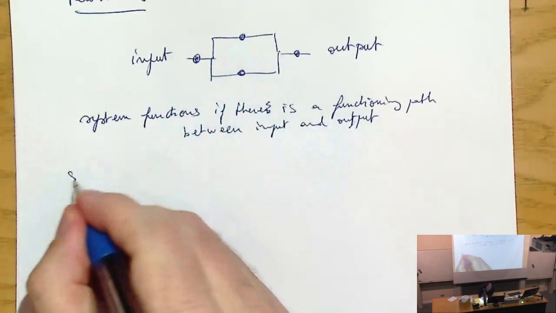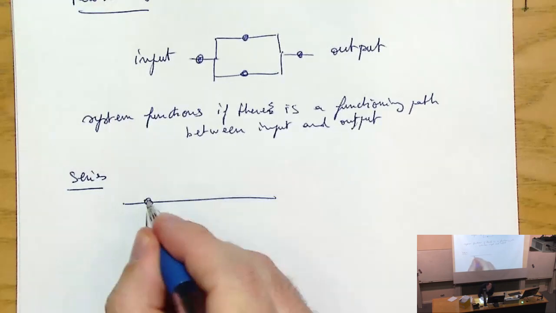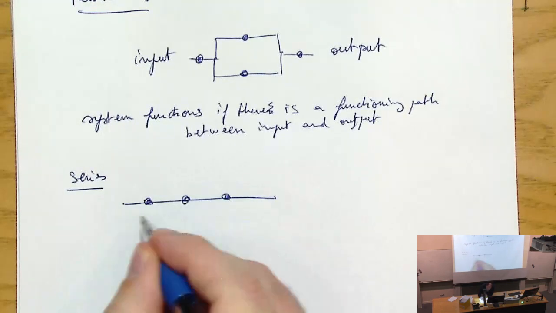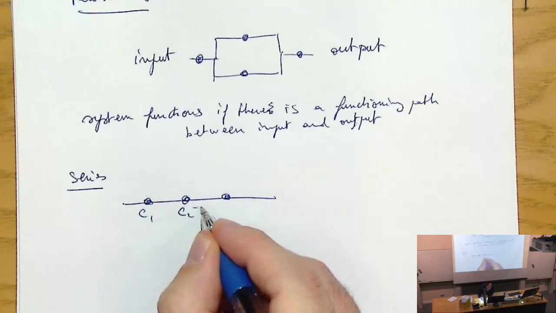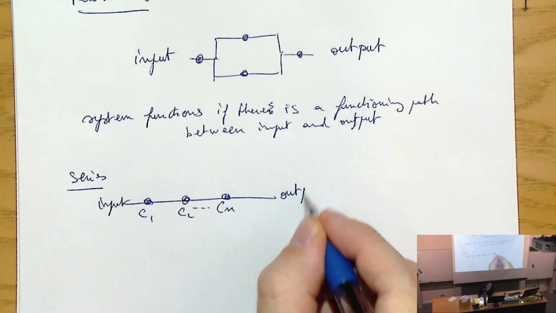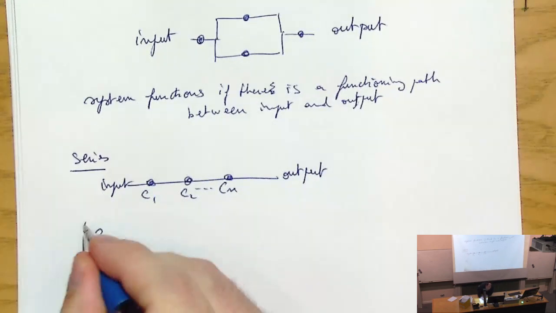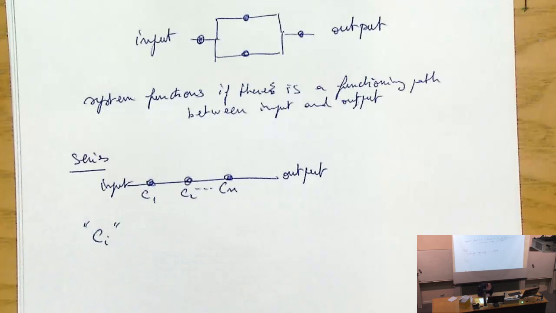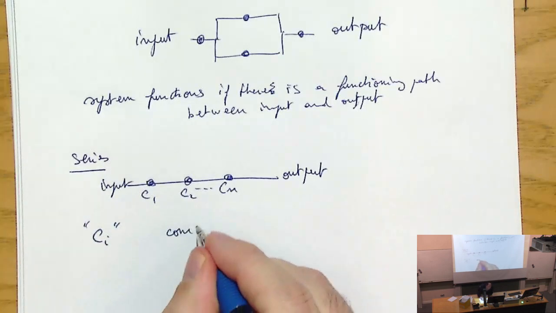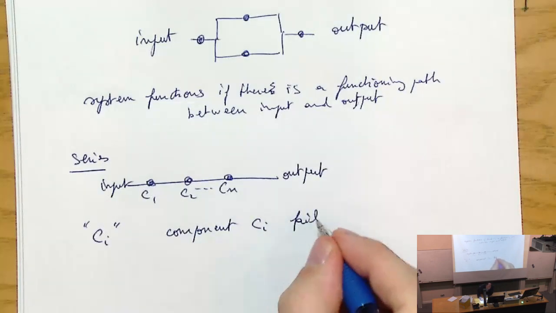The first scenario we can look at is where you have only series. So you have components like this, only in series: a component C1, C2, all the way to Cn. This is your input, this is the output. When I write Ci, it means the component Ci fails.